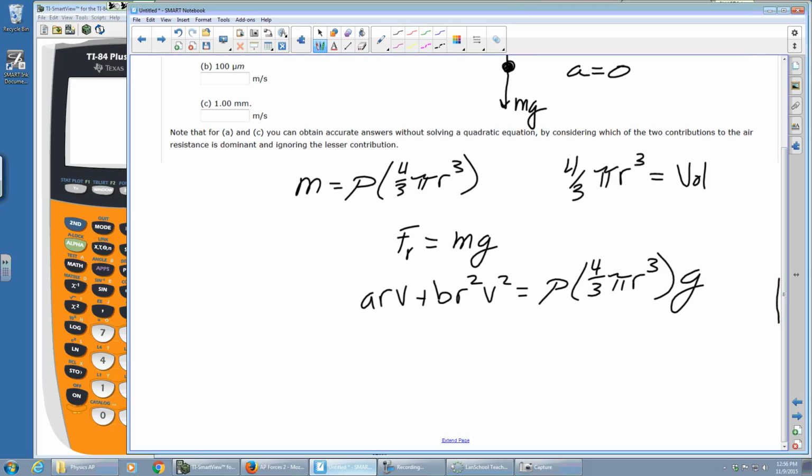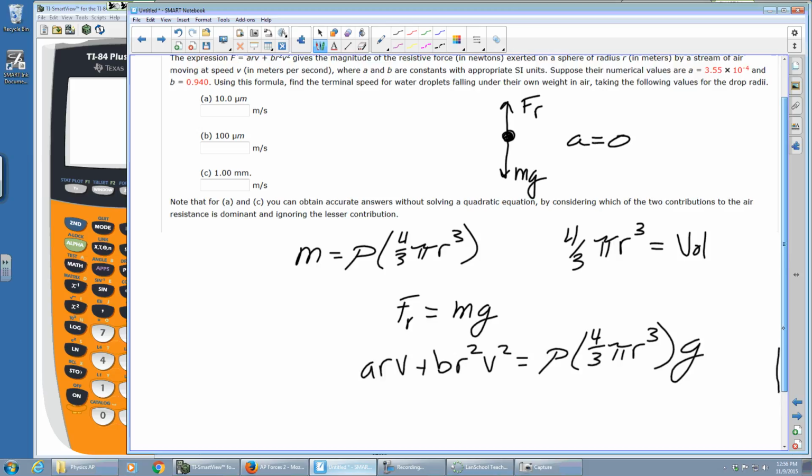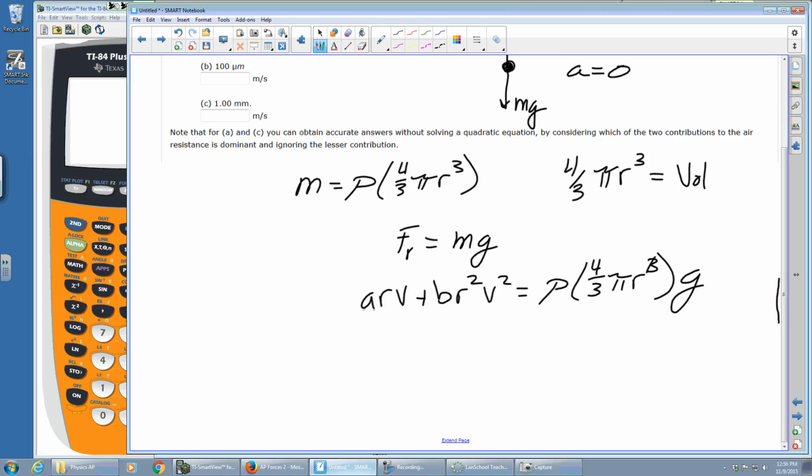If you notice, you have an r in every term, right? So you can bring this down, bring that down, and get rid of that r. So you're left with A v plus B r v squared equals rho 4/3 pi r squared g.